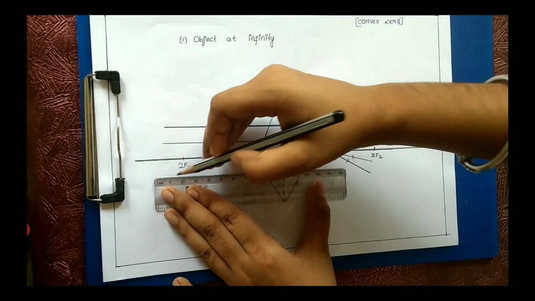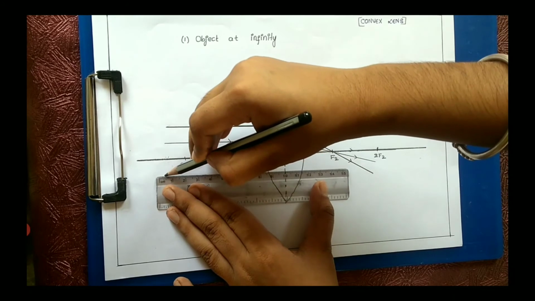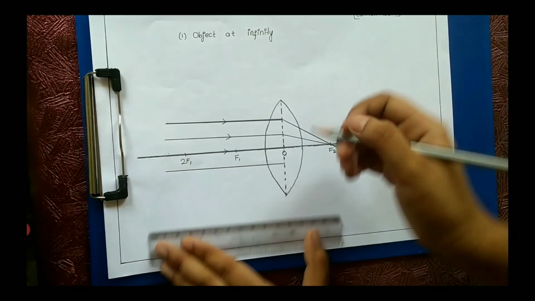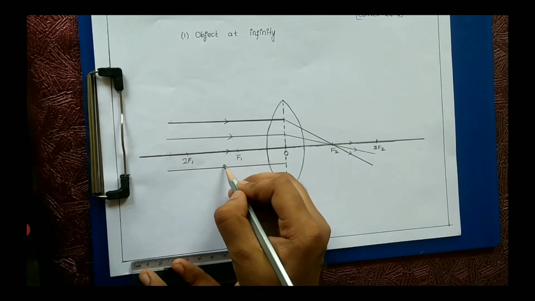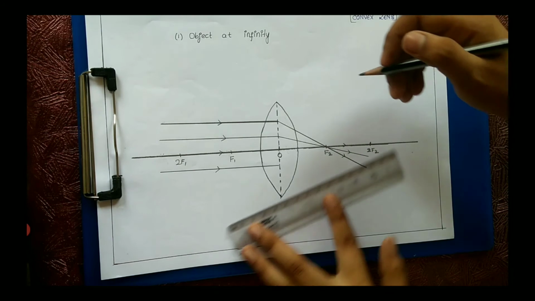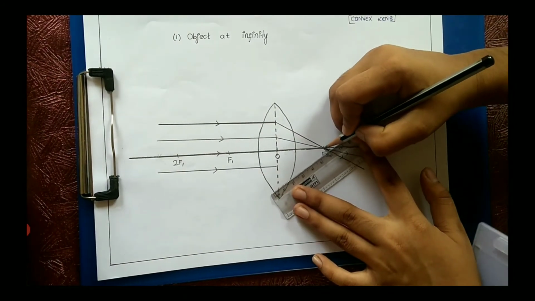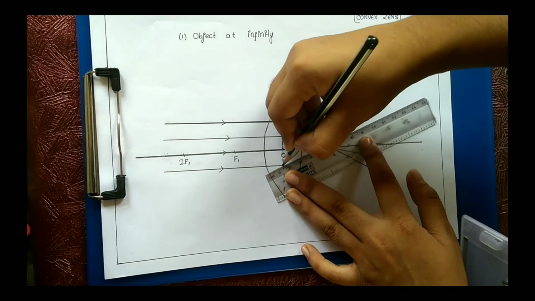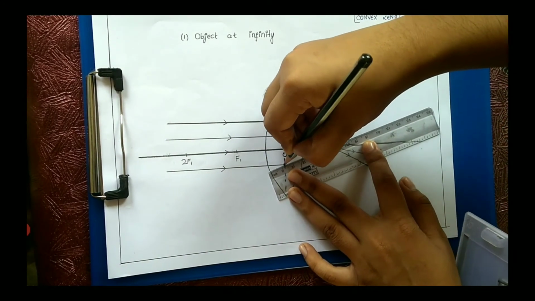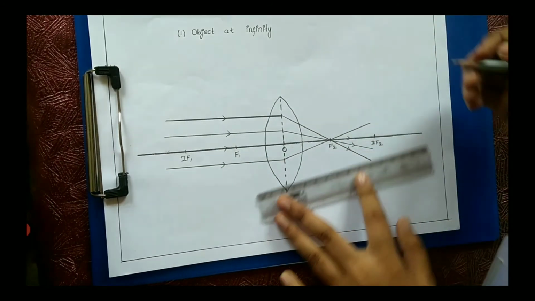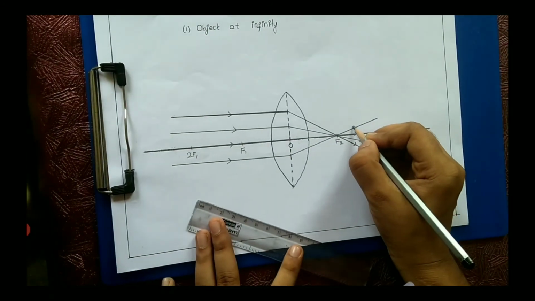Again you take some more rays which are parallel to the principal axis. All these rays refract, and after the refraction the rays pass through F2, the principal focus on the other side. Here we have taken 1, 2, 3, 4 rays. Now if you want, you can take one more ray also.